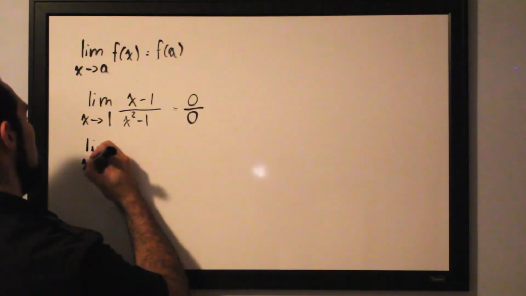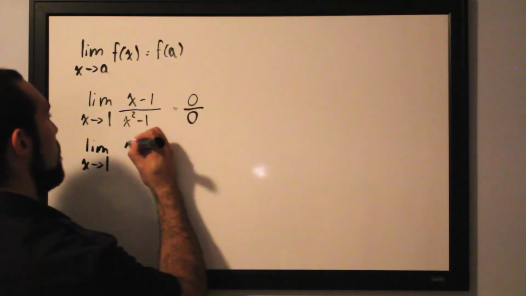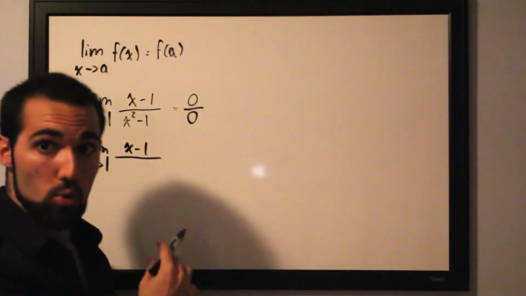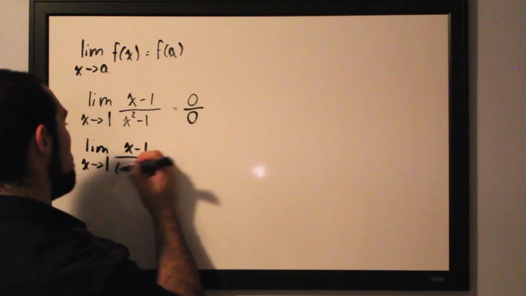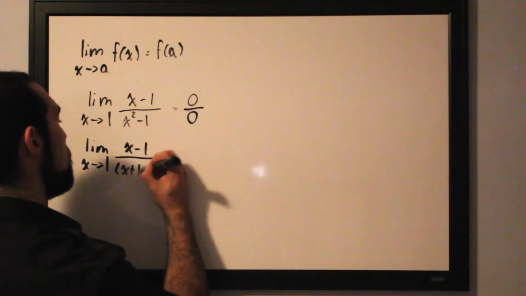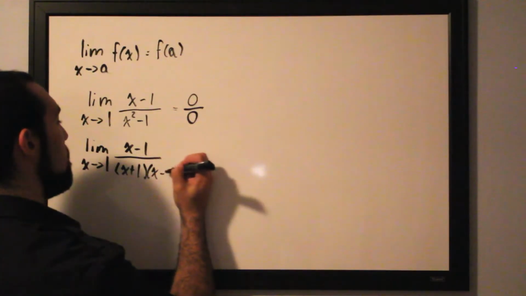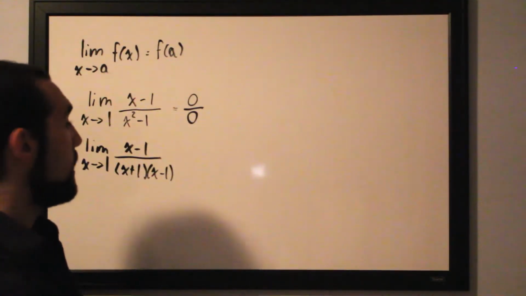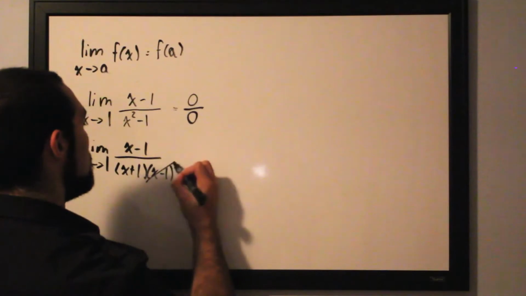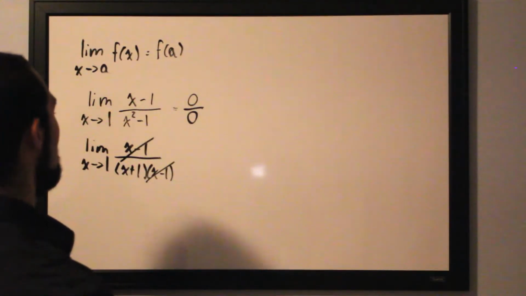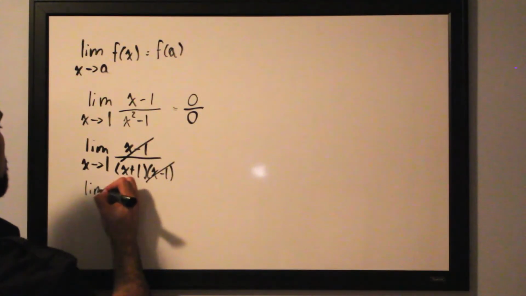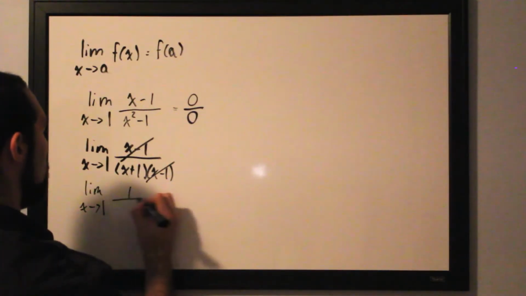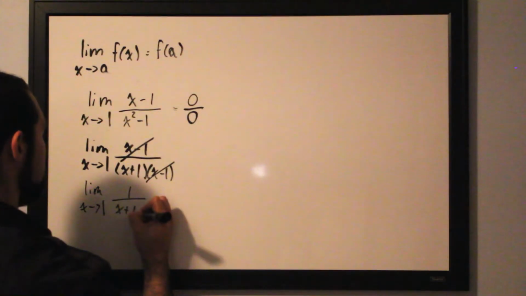Limit as x approaches 1 for x minus 1, over the denominator, which can be split into a product of two functions, x plus 1 and x minus 1. Now we have a common factor in both the numerator and the denominator, which can be crossed out. They cancel each other out. All we've got left is the limit as x approaches 1 for 1 over x plus 1.